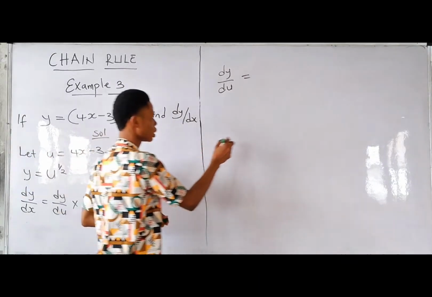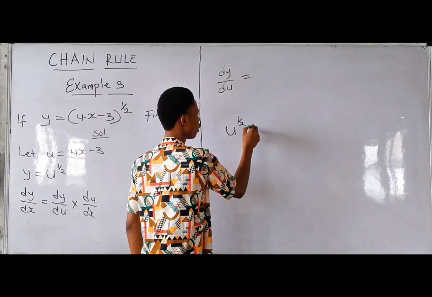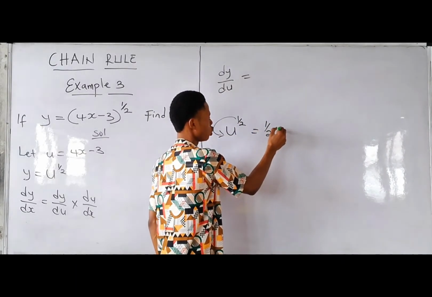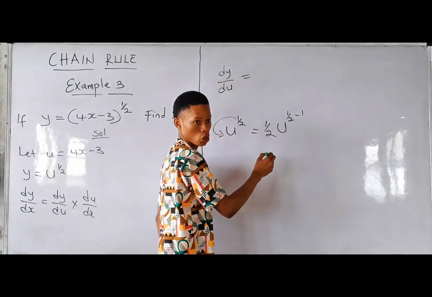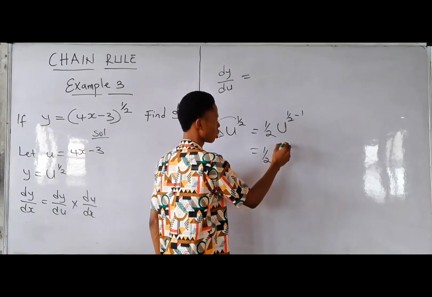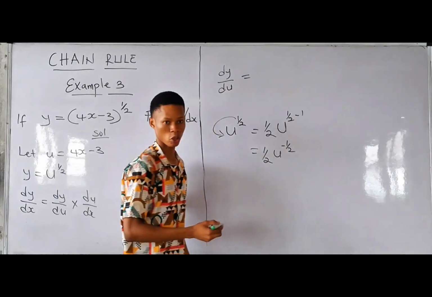Remember, if you have u raised to power half, if you are differentiating, you bring this here, right? So you have half u raised to power half minus 1, is it not? So you'll be having half u raised to power what? Half minus 1 is what? Minus half, right? Minus half.